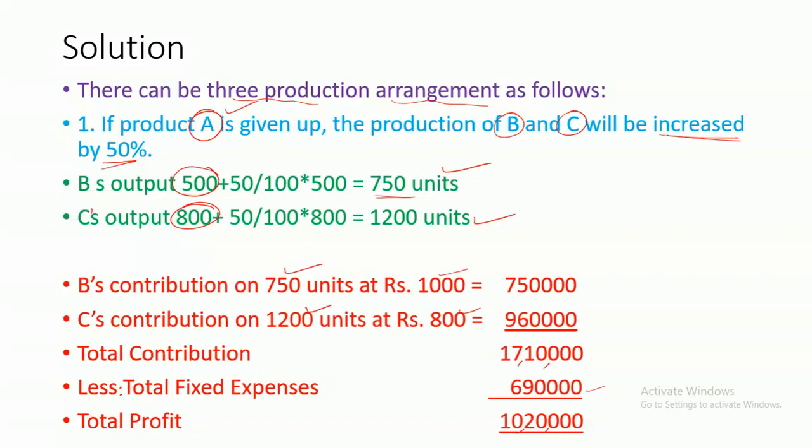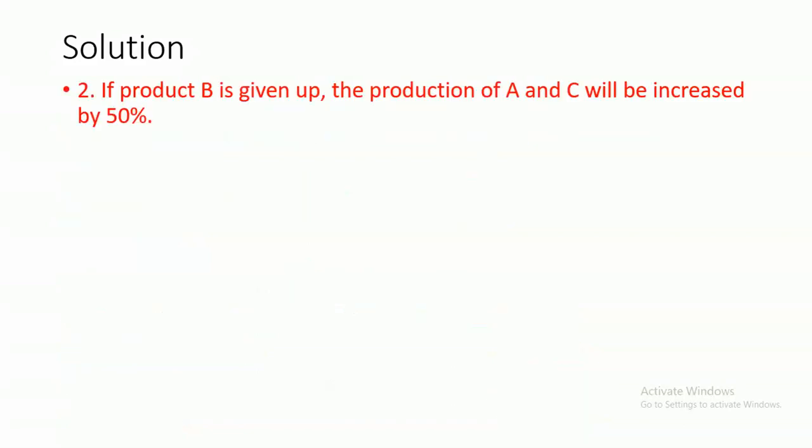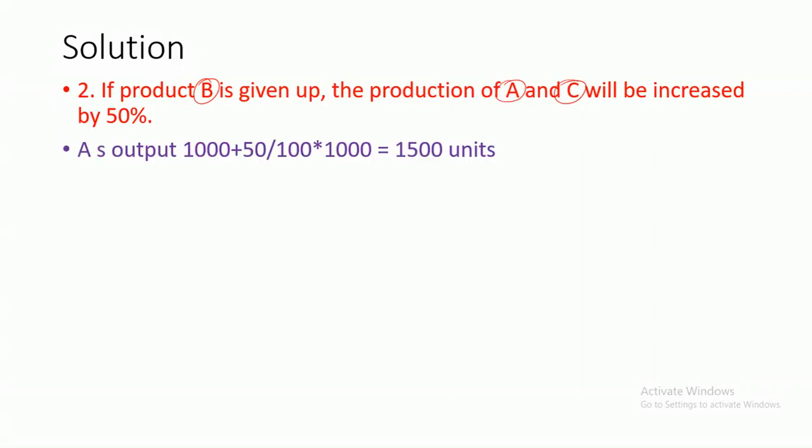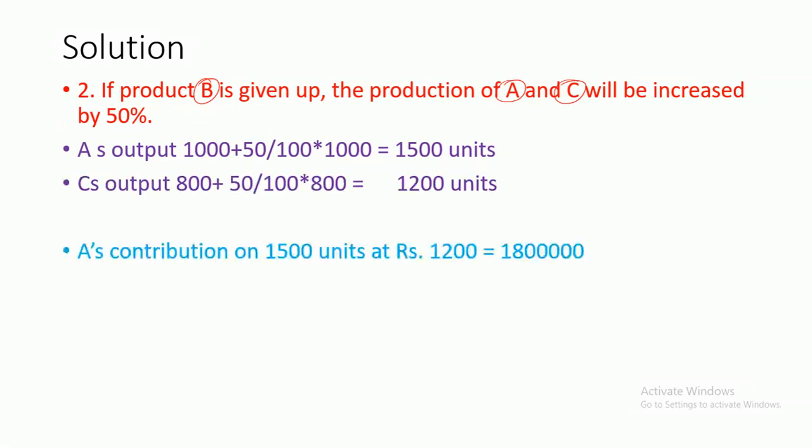Similarly, situation number 2, when you are going to drop product B. If you drop product B, product A will increase by 50%, product C will increase by 50%. So A's output is 1,500 units, C's output, as we already saw, 1,200 units. So contribution 1,500 into 1,200, 18 lakhs.